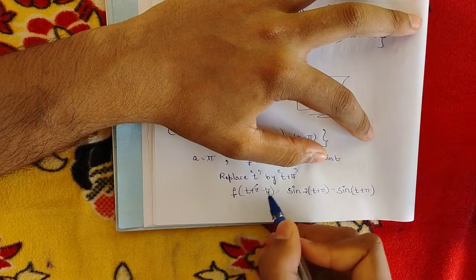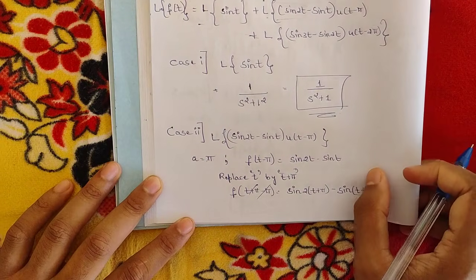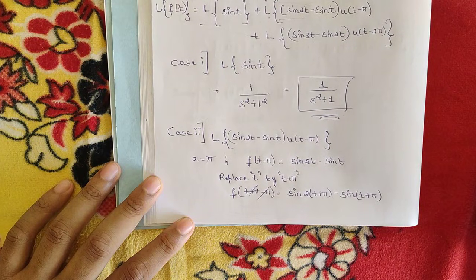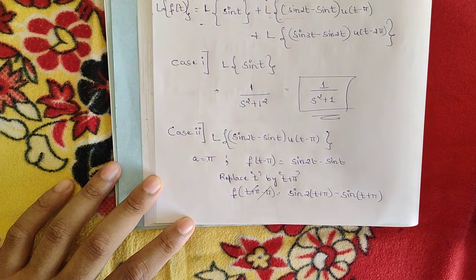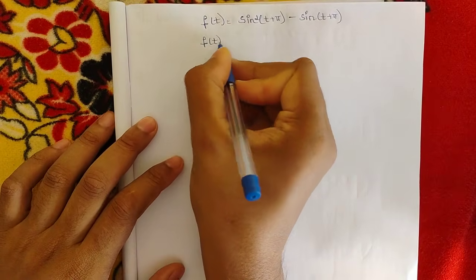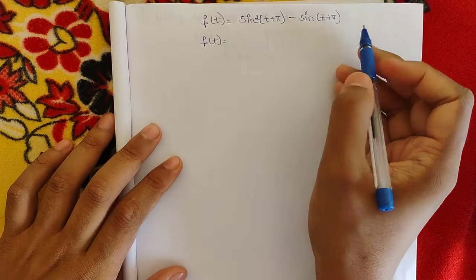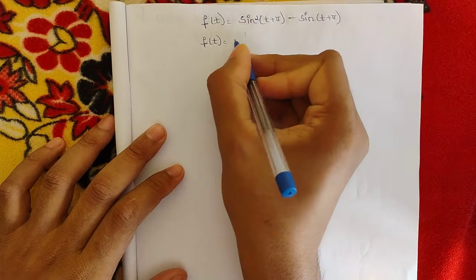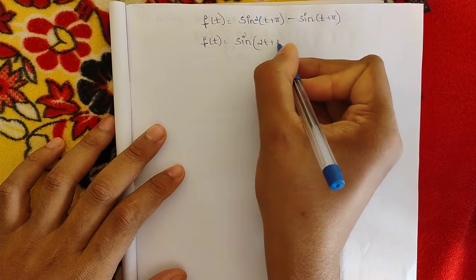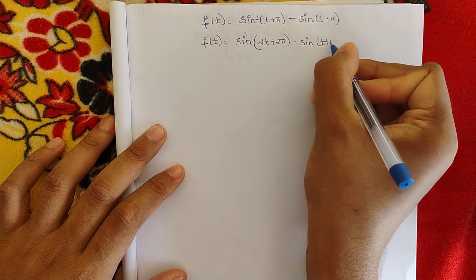Okay, so these two terms would be getting cancelled, so f of t is equal to sin 2 into t plus pi minus sin of t plus pi, that is, now multiplying 2 here, sin of 2t plus 2 pi minus sin of t plus pi.